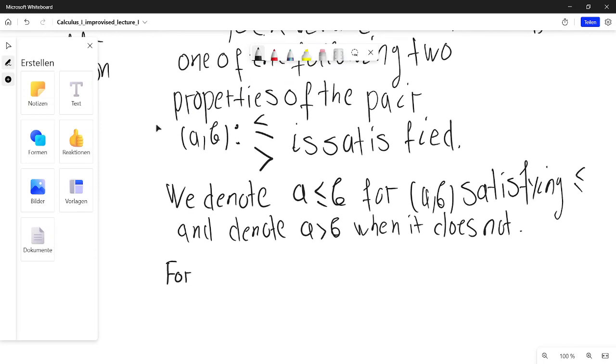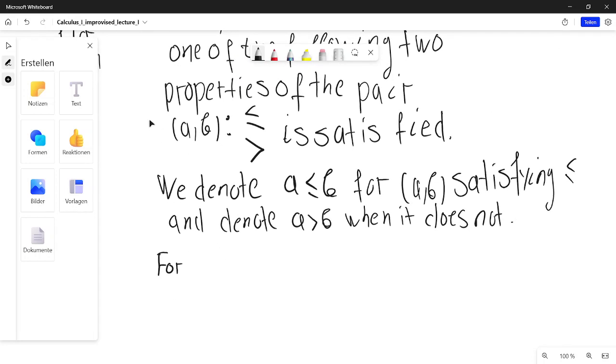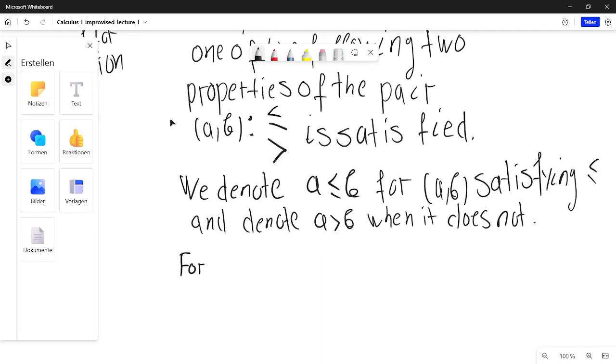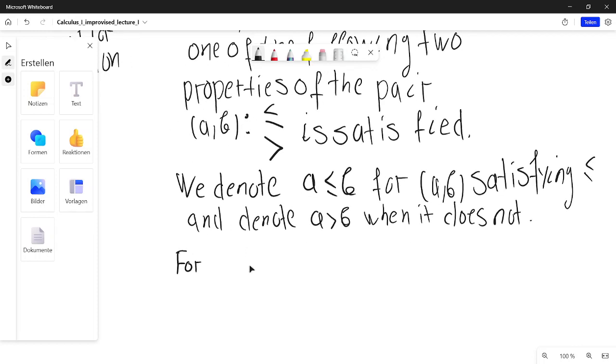Okay, good. Let's choose that. I think it is no problem. For A, B, that's another property. And this is not a statement.